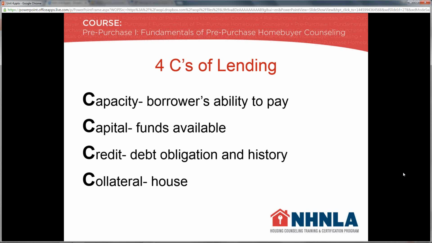How long have you had those funds in savings? Credit is the debt history that the person has and the amount of their debts. And would it be possible for the borrower to make a mortgage payment in addition to maintaining those debt payments that they already have? Collateral is about the house, the home's value and condition.